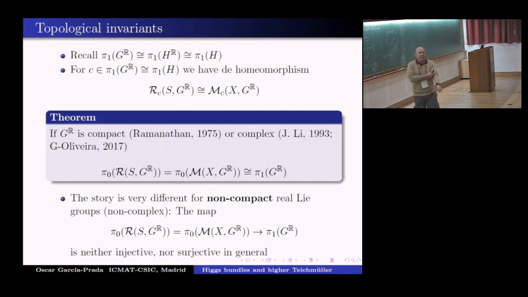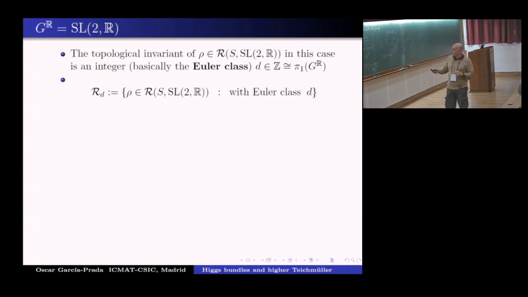So let me explain the simplest case where this fails, and in fact, the situation that we really want to generalize, which is the group SL2R. Now, the fundamental group of SL2R is Z. The maximal compact of SL2R is SO2, the circle, U1 if you prefer.